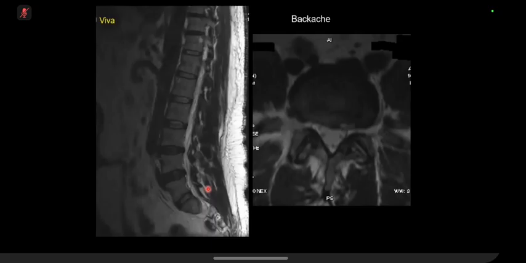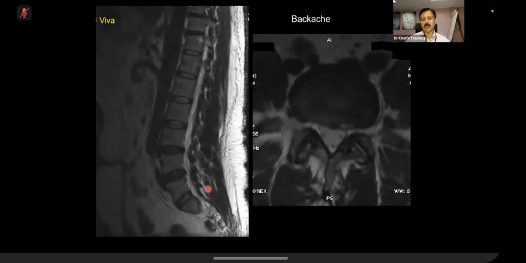So it looks like a broad-based disc bulge to me and also narrowing at the lateral recess. So I will stop you here. The old terminology for this was an annular tear, and now I think the new recommendation is high intensity zone. So annular tear can be very symptomatic.